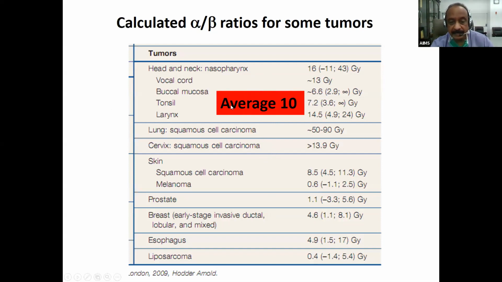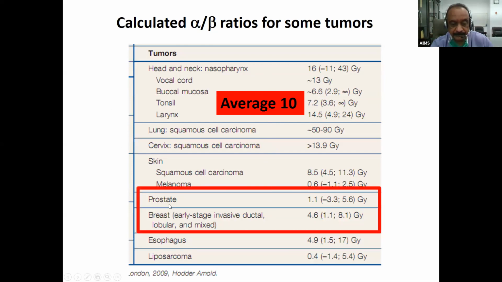But we take an average of 10, except 2 cancers, prostate and breast. Prostate and breast behave like a late reacting tissue. They have low alpha beta ratio. And that is the reason that we have now changed our practice, the way we use fractionation scheme for prostate cancer and for breast cancer, which I will discuss in my subsequent modules.